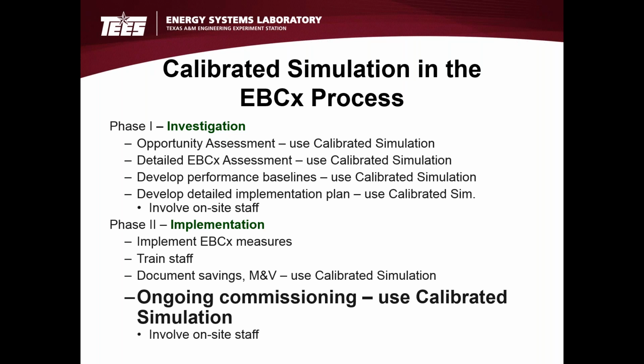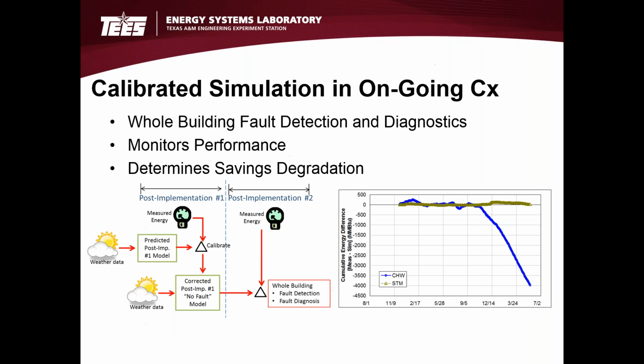Now we can get to what might be the final phase of using calibrated simulation, called ongoing commissioning, basically watching the operation of the building after it's been commissioned to be sure that you maintain the efficiency of operation. And this is another place where, while we have not seen a lot of application yet, calibrated simulation can be quite useful.